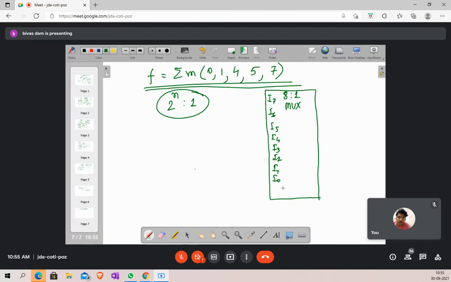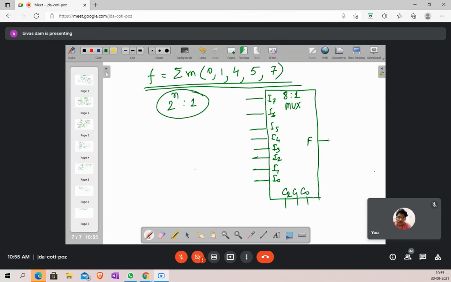How many control inputs will be there? 3. Now for the simplest solution, we'll connect all the input variables to the control input lines, maintaining their order.